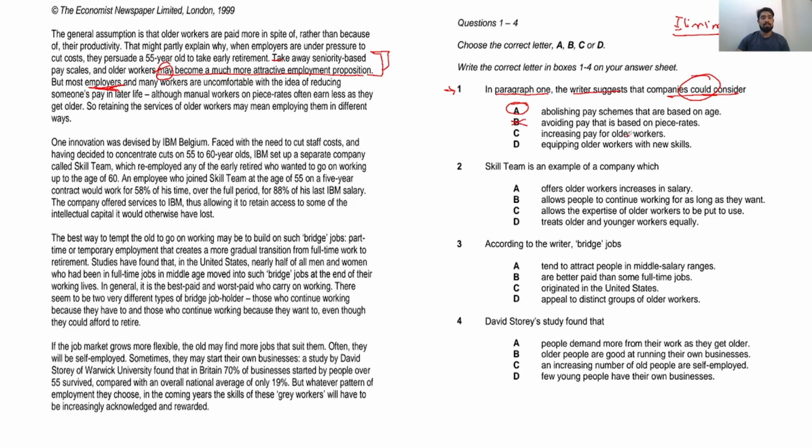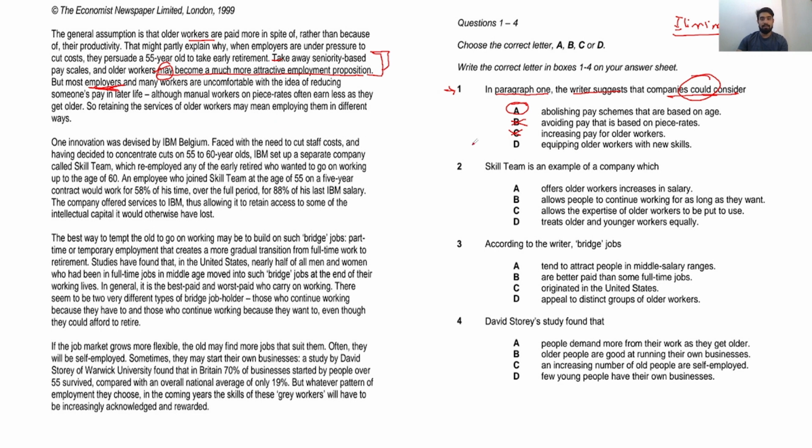Increasing pay for older workers, they never mentioned they are going to increase. General assumption that older workers are paid more. So that is a general assumption. Okay, so they didn't say they are increasing. Equipping older workers with new skills. What have they said? They have said retaining the service of older workers may mean employing them in a different way.